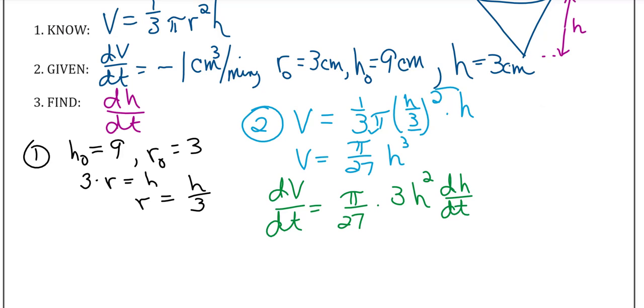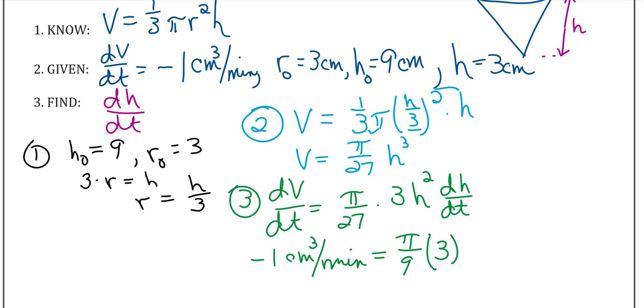And now I can fill in all the information. I guess I can call this step 3. So I have negative 1 cubic centimeter per minute, my change in volume, is going to equal pi over 9, if I simplify that, times h squared, and we want to know when h is 3 centimeters, so we're squaring that, and then we have our dh/dt.